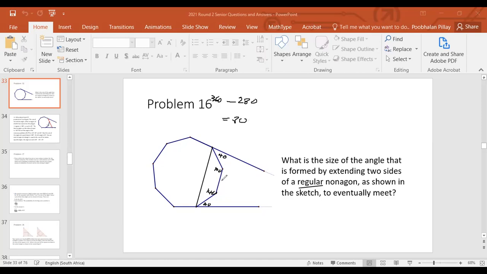So therefore, these 2 angles here add up to 80, but they are equal. So each must be 40, which means that that angle is 80, that angle is 80, and the other angle must be 20. 80 plus 80 is 160. So the third angle will be 20. Okay.